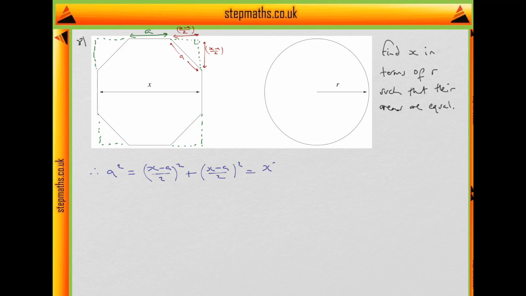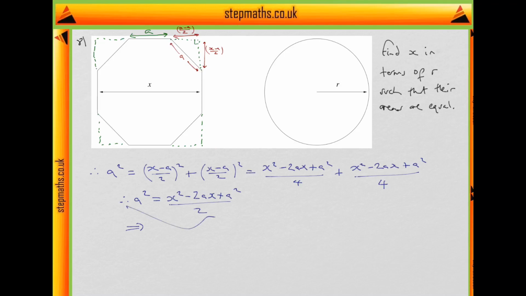That's equal to (x squared minus 2ax plus a squared) over 4 plus (x squared minus 2ax plus a squared) over 4. Therefore, a squared is equal to (x squared minus 2ax plus a squared) over 2 when we add them together, which implies, if we times through by the 2 and subtract the a squared over, that a squared plus 2ax minus x squared is equal to 0.